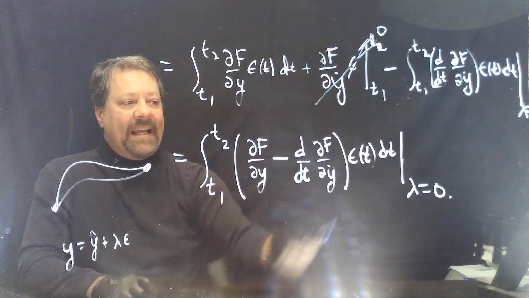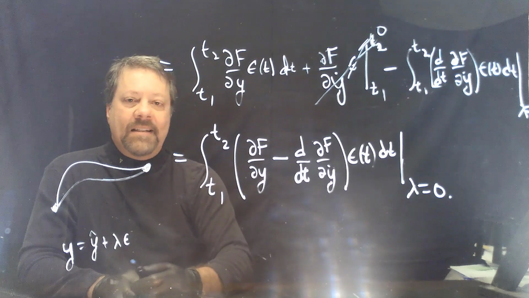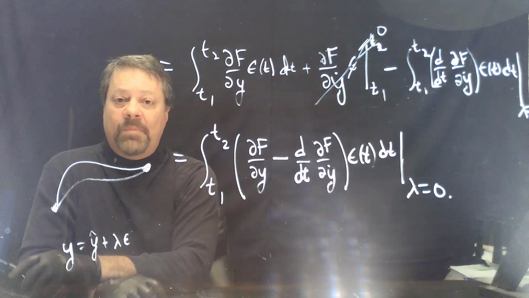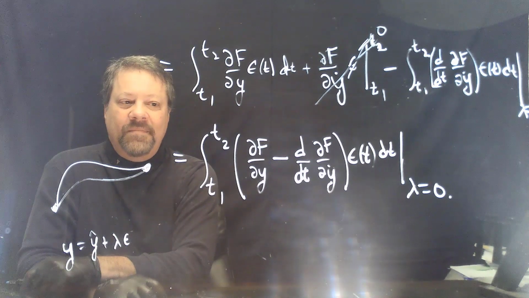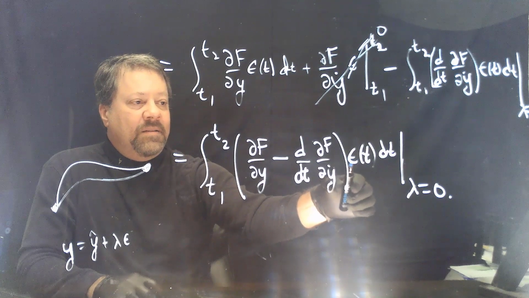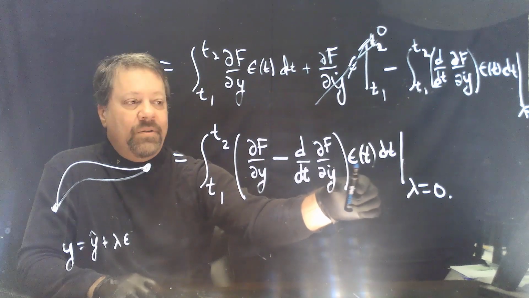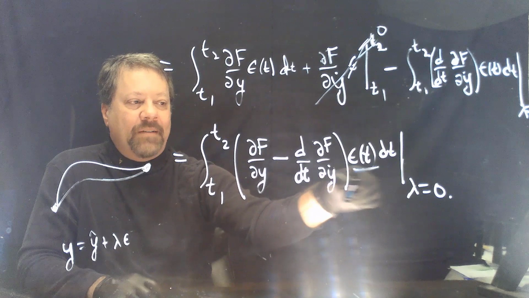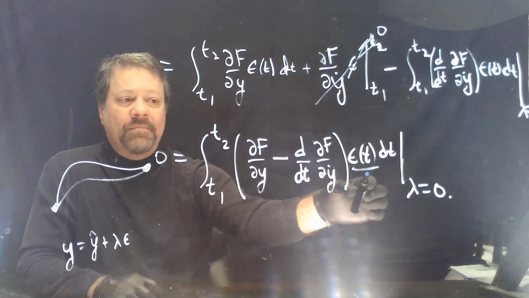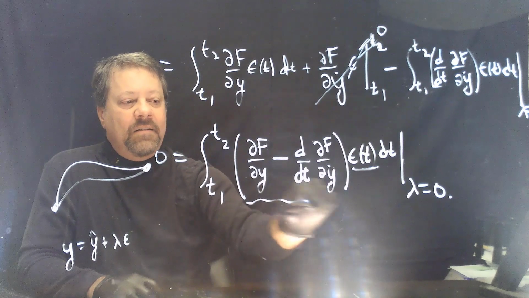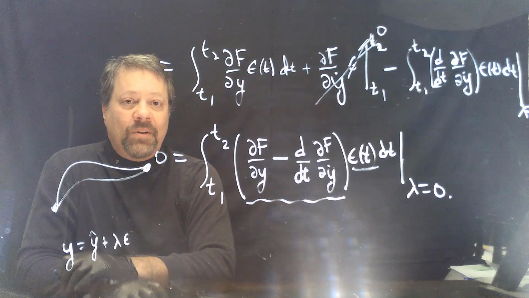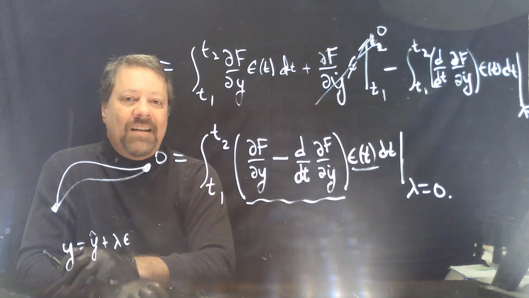Evaluating at lambda equals 0 makes all these y's, in fact, the optimal solution y bar. What is more, because this must be true for any epsilon, this has to be equal to 0 for any epsilon, it turns out this part of the integrand must in fact equal 0 by something called the vanishing integrals principle.